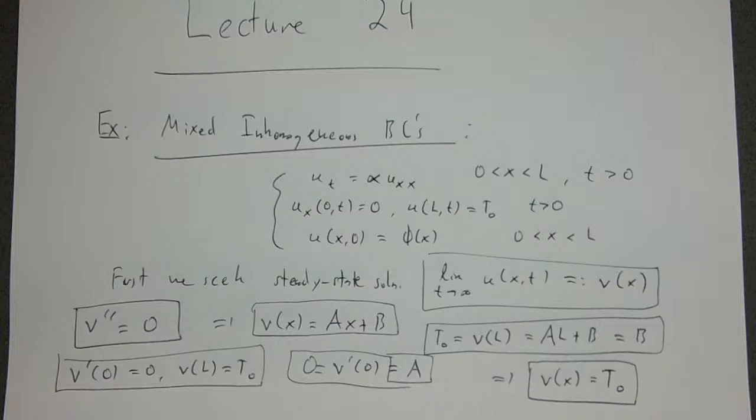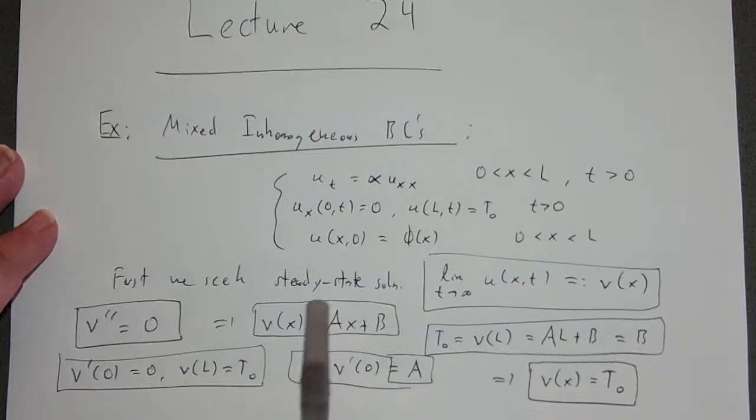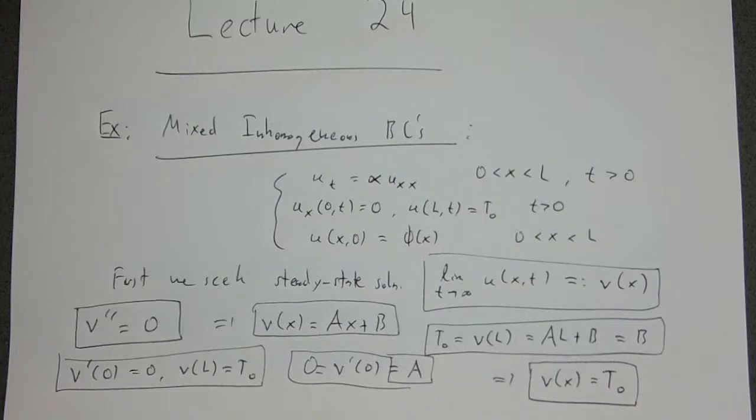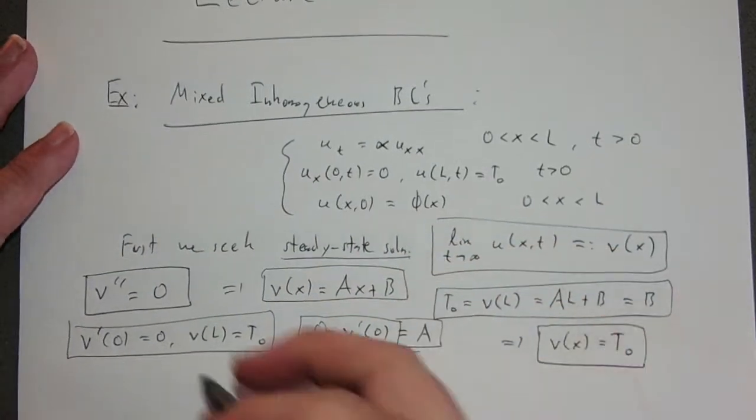And so what do I do with this? Well, the exact same thing that I sought to do in the previous inhomogeneous case: I wanted to use the steady state solution and subtract it off from the solution itself, which gives me the transient solution. So this v of x is the steady state solution.